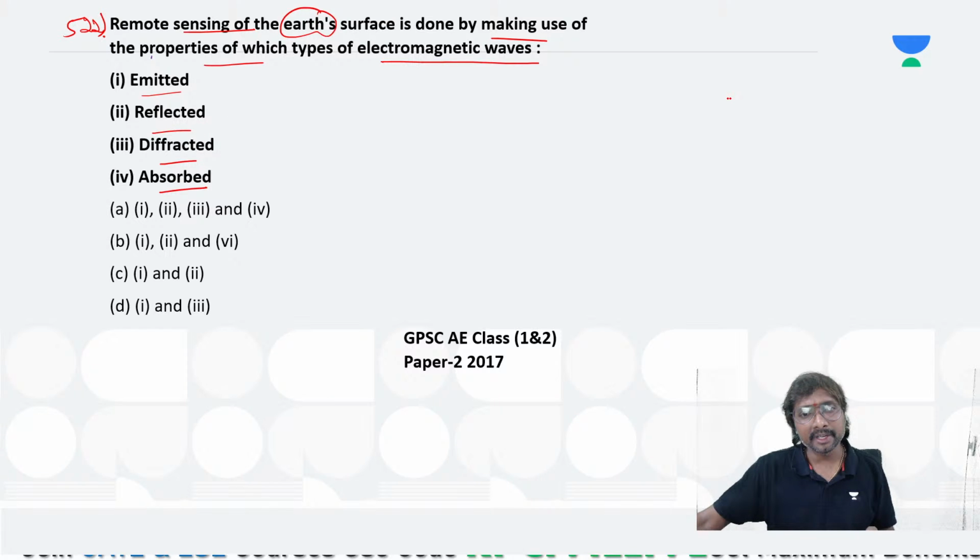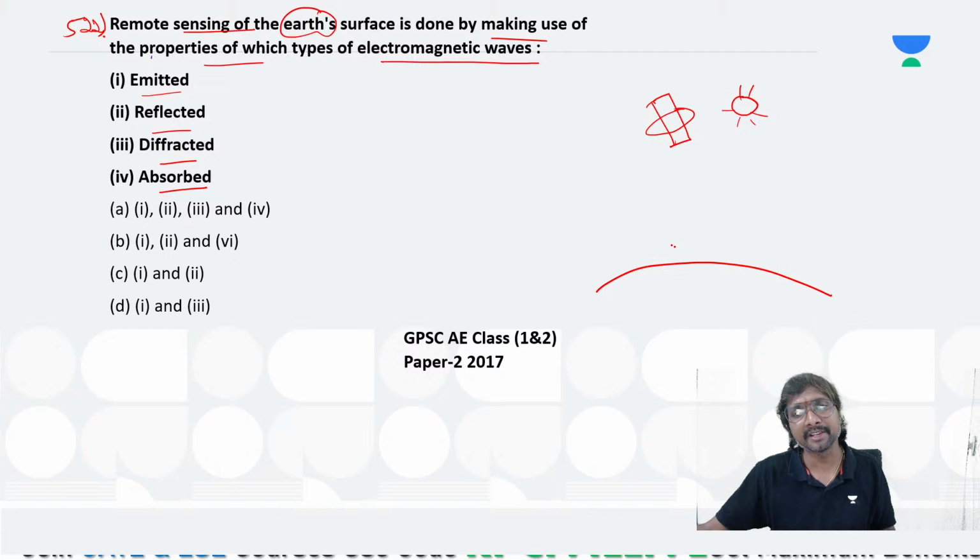Whenever there is an energy source, either an external source like the sun for passive remote sensing, or an energy source from the satellite for active remote sensing, different elements like buildings and water will behave in different manners. The source will be emitting rays, and some rays are reflected and some are absorbed, right? Absorbed, reflected and emitted.